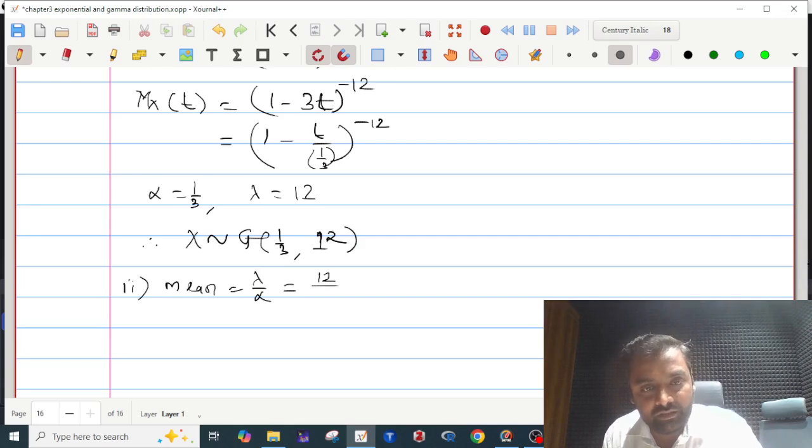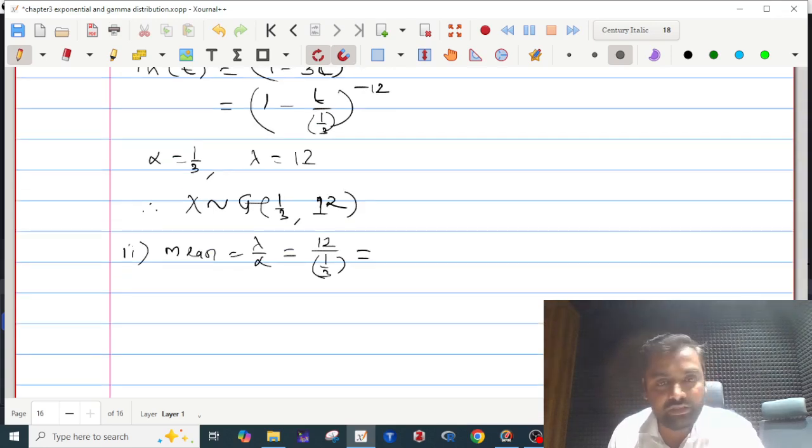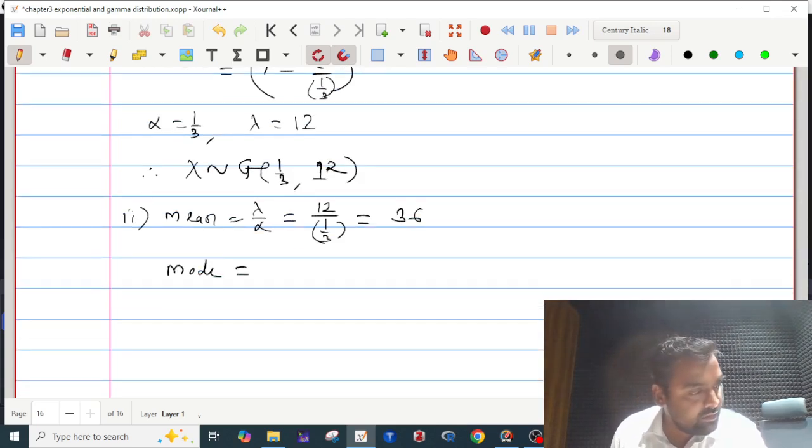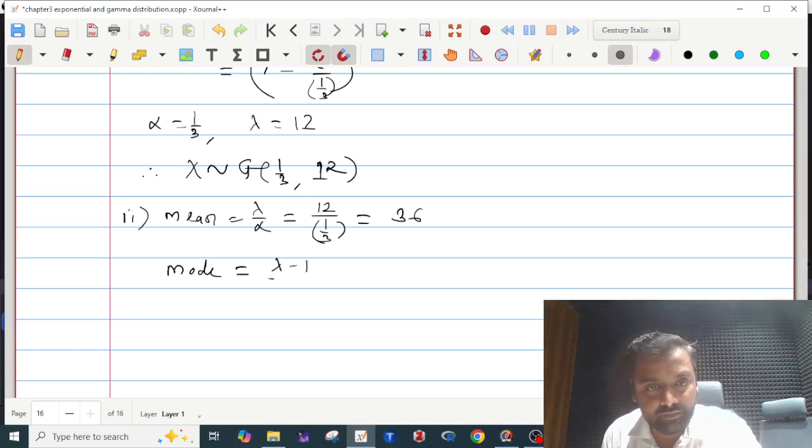Lambda is 12, so you will get 36. And mode is lambda minus 1 upon alpha, this is 11 upon 1 by 3.